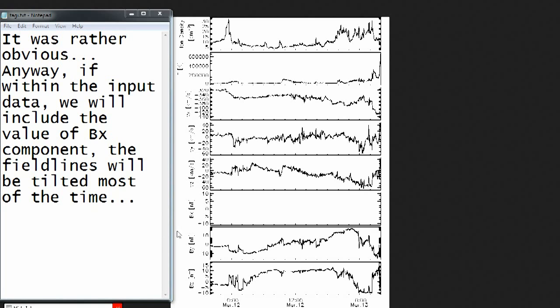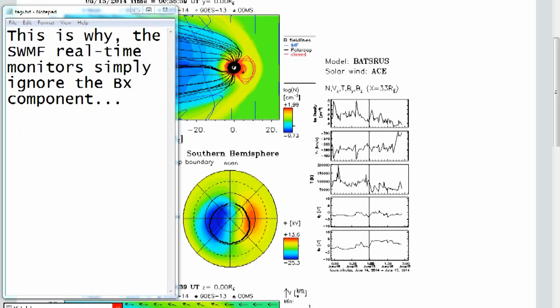Anyway, if within the input data we will include the value of Bx component, the field lines will be tilted most of the time. This is why the SWMF real-time monitors simply ignore the Bx component.